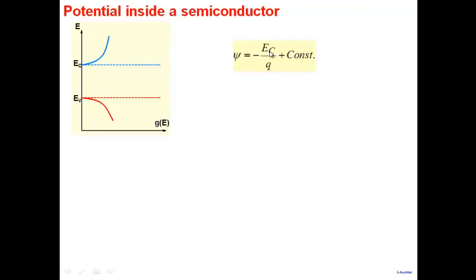Even when you apply an electric field, they go a little bit higher, but not by much. So the potential is related to minus EC by Q plus a constant, and the constant depends on the reference. And then you can also imagine that I can write the potential as minus EV by Q plus a constant. Why? If I write my electron potential inside the semiconductor as related to EC by Q, how can I get the second one?